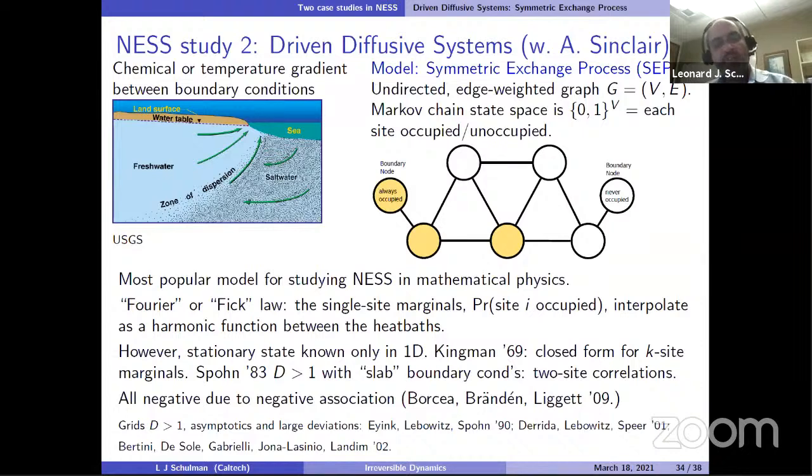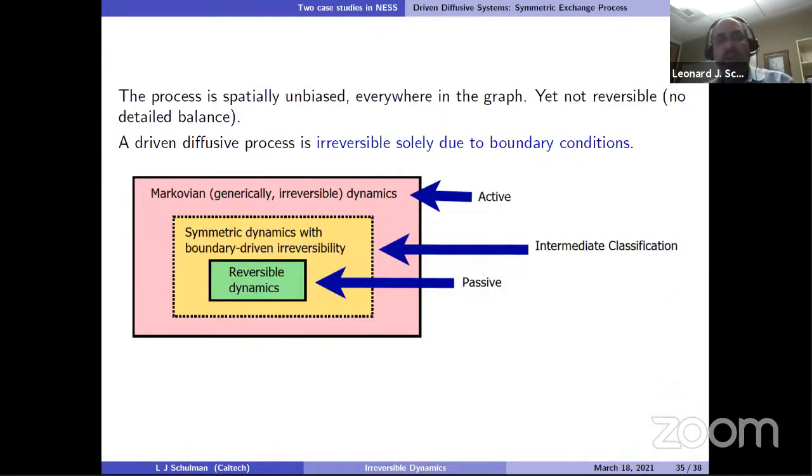One nice thing, if you're a probabilist or you've been following in the last decade or so people worrying about negative association, is that this is the classic example of a system that maintains what's called negative association. So in fact, between any 2 points in this diagram, there is always a negative covariance of these two sites being occupied.